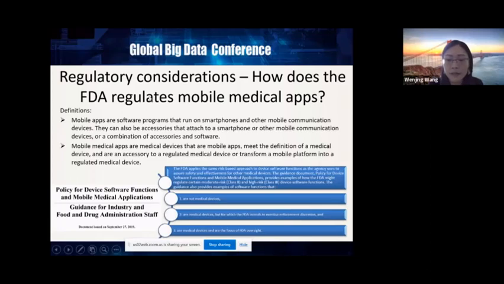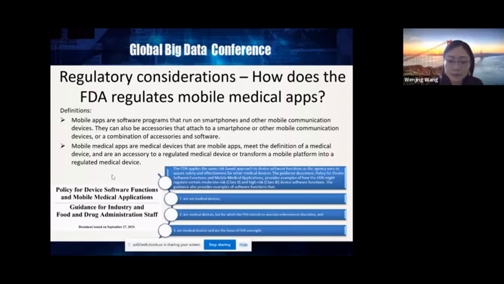And when FDA steps into regulating those mobile medical applications, they still use a risk-based approach, the same way they regulate other medical devices. They classify the mobile medical apps based on the level of risk they pose to patients: low risk, which would be class 1, moderate risk, which would be class 2, and high risk, which would be class 3.